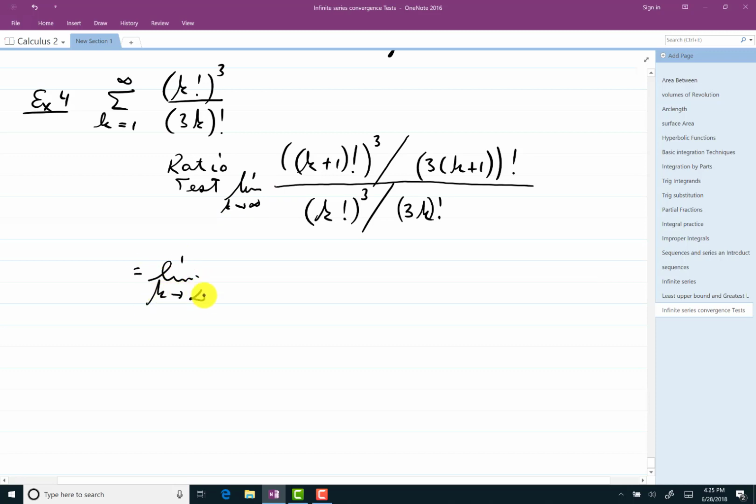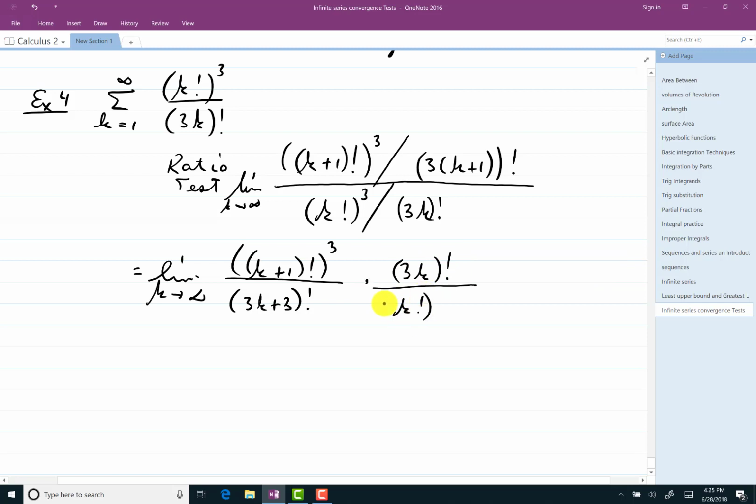Let me rearrange my fractions as normal. Here, make sure you multiply the 3 through. This will be 3k plus 3 factorial, and then I'll have 3k factorial divided by k factorial, and that thing will be to the 3rd power.